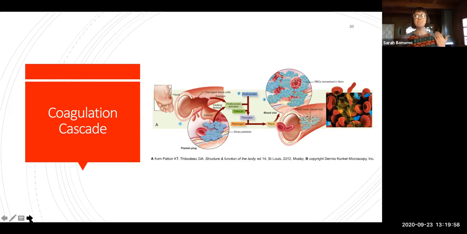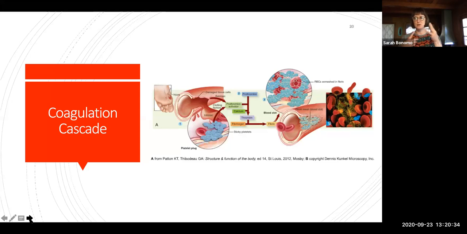That's number 1. Number 2, you get a series of chemical reactions that result in forming thrombin, and thrombin is going to start the process of making that clot. Then number 3, you get those fibrin protein strands, which help to augment or grow the platelet plug that's already there and make it more solid, and essentially that's your clot.